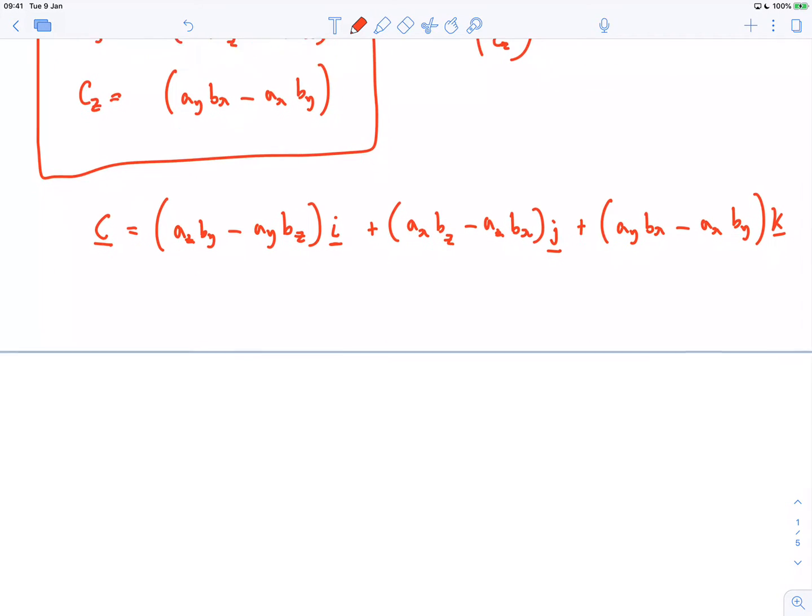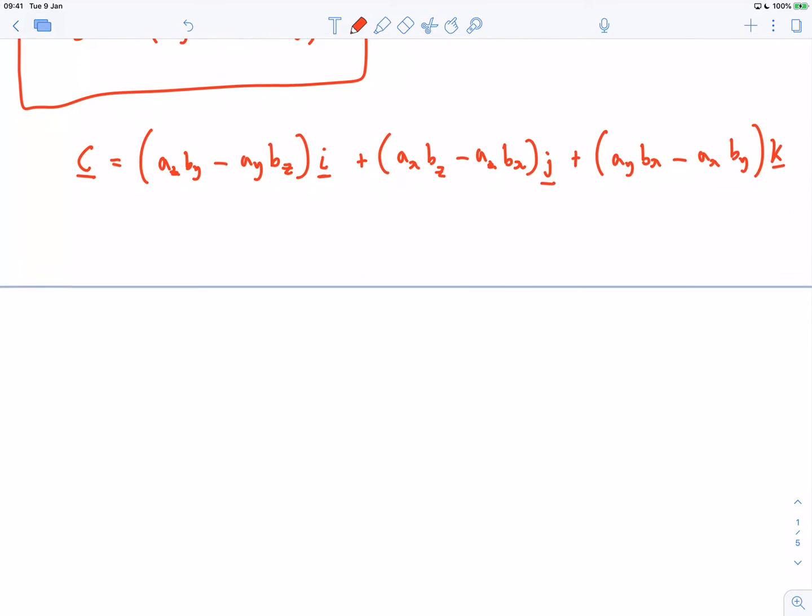Why is that useful? Well, because now imagine the following. Let's suppose I've got the vector I, J, K, and now I put in one row the column vector of A, which is going to be AX, AY, AZ, and then in the next row I've got BX, BY, BZ.